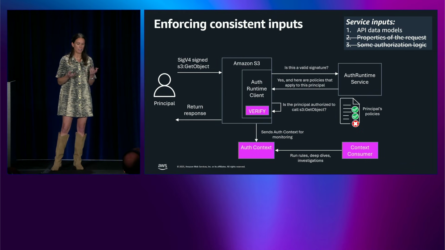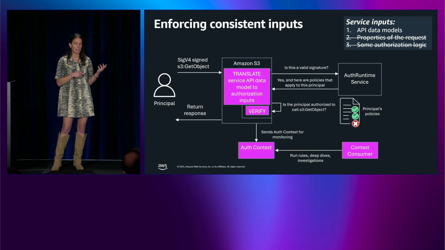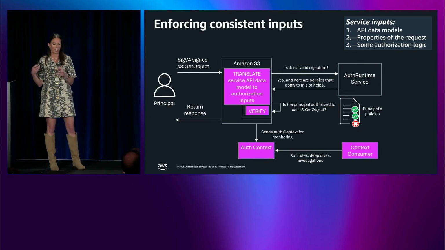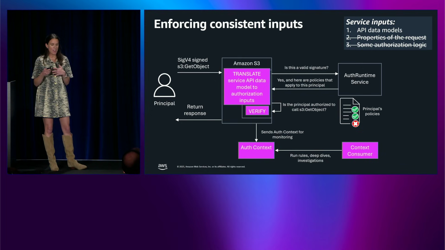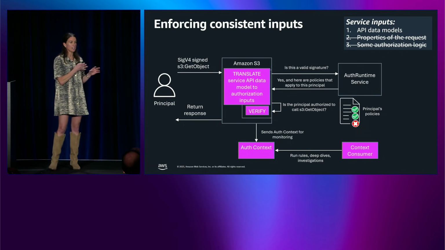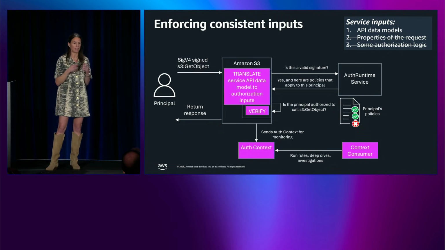So we built an internal service that translates the service's API data model into authorization inputs. And the service formally verifies the translation of that API data model to the authorization inputs at build time. And then it abstracts authorization away from the service team so they can remain focused on what they do really well, on their data models and on their business logic.